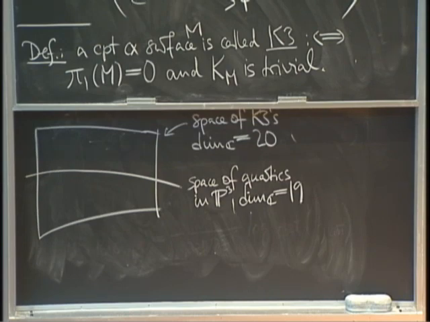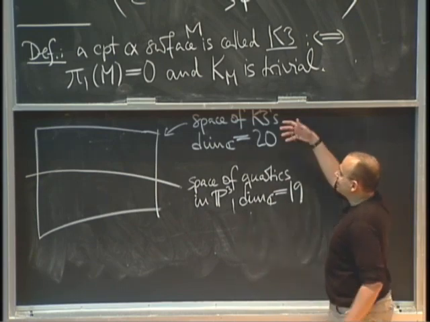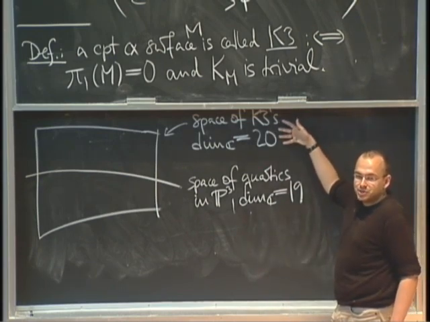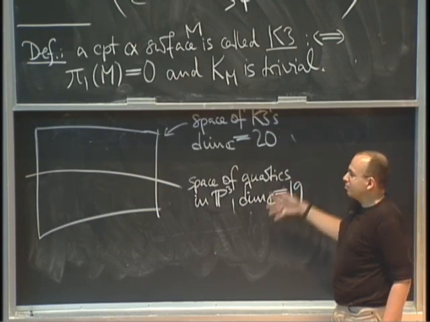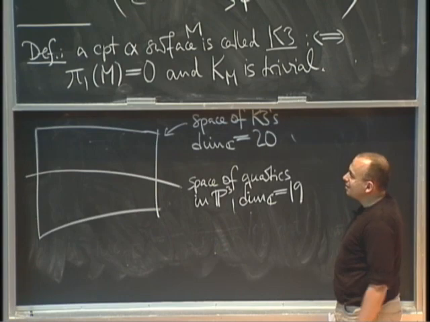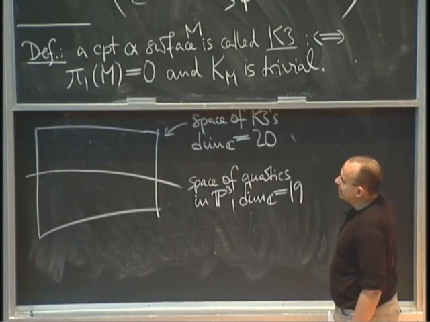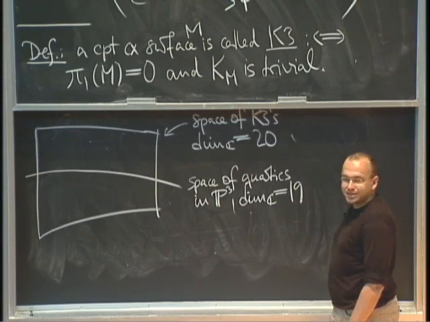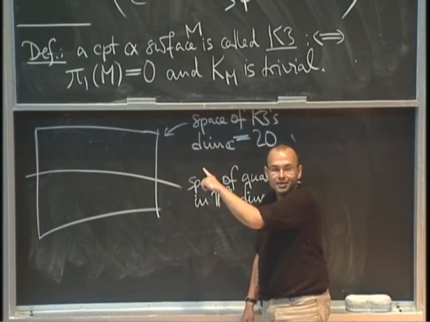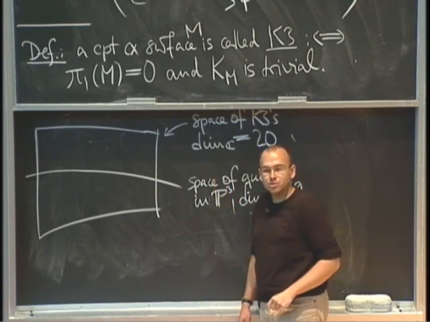I think this was puzzling people for a long time, because this dimension was computed by abstract arguments. Just abstractly, the dimension of the space should be 20. But if you want to write down concrete examples, you only get a 19-dimensional family. You guys went to my class last week, so I drew a similar picture for tori, and it's basically the same story here.